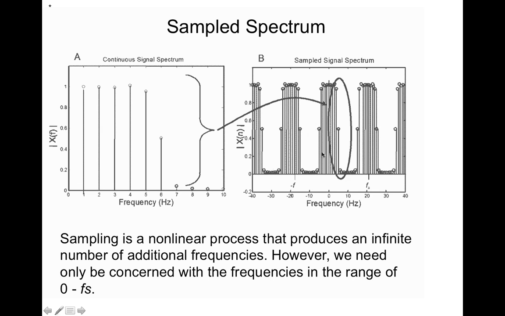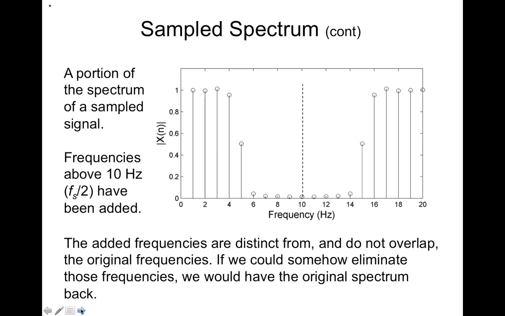So you need to be sure that your sampling frequency is big enough to spread these spectra out so that the components don't overlap. Otherwise, you're going to pick up this component on this side of the spectra, and then there's some confusion of whether it's part of the lower frequency part centered about 0, or part of the higher frequency part about this one. And so that's why Fs has to be big enough, so that these components don't overlap with components on the other side.